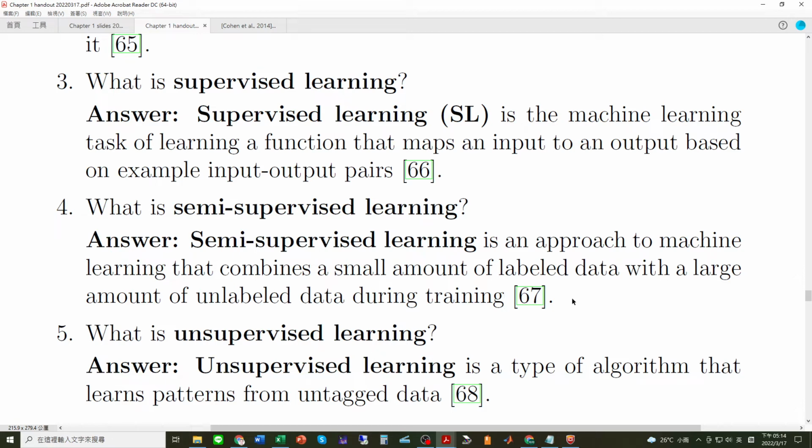Okay, for example, I now want to use semi-supervised learning to train my computer to distinguish the photo of dogs from cats. If using semi-supervised learning, for example, if I have 30,000 photos, then just a small amount of the photos has label data.